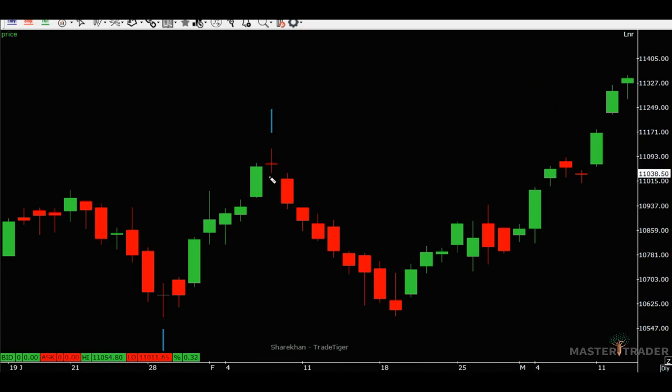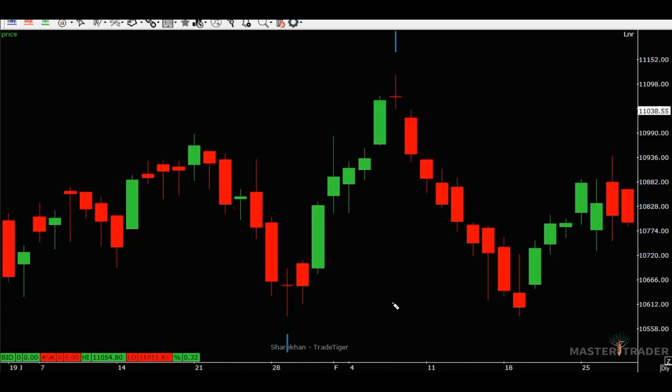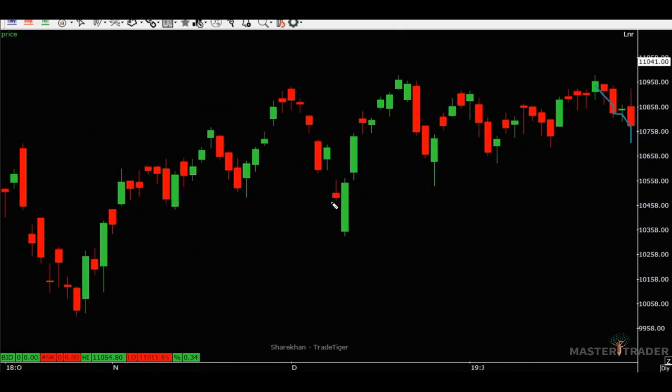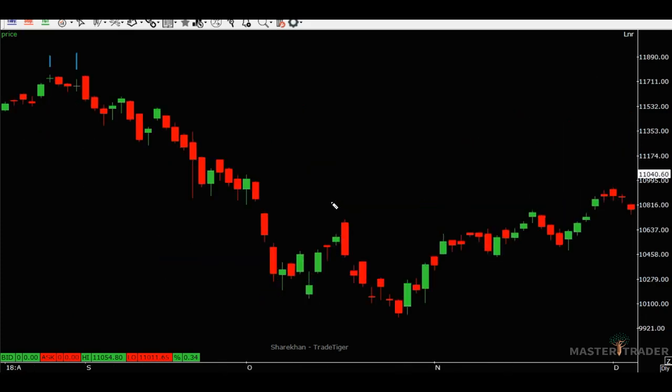See this beautiful one, right? Nice uptrend, doji at the top, and then beautiful trend reversal. Okay, again, you see this nice downtrend here, and you see this beautiful doji, and see the reversal, right? Let's see if there are any more.